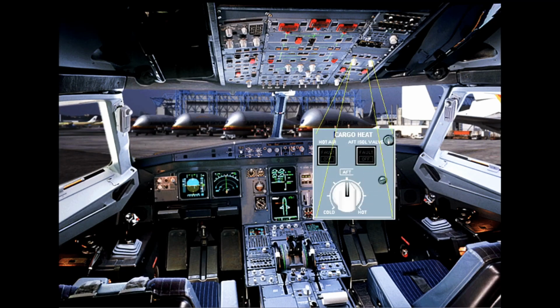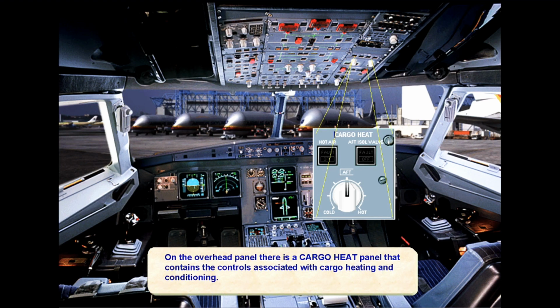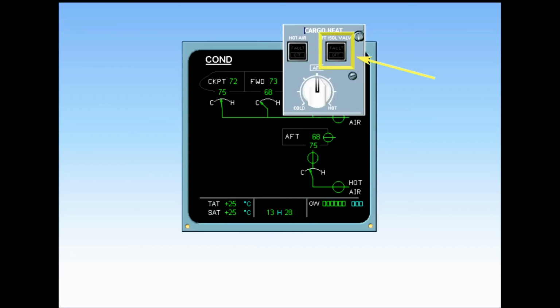On the overhead panel, there is a cargo heat panel that contains the controls associated with cargo heating and conditioning. This is the isolation valve switch. This switch normally remains in the open or lights out position.